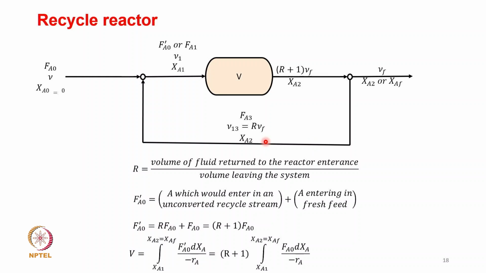So, now let us understand. FA naught is the molar flow rate of the fresh feed, V is the volumetric flow rate. At the moment there is no XA naught, XA naught is equal to 0.